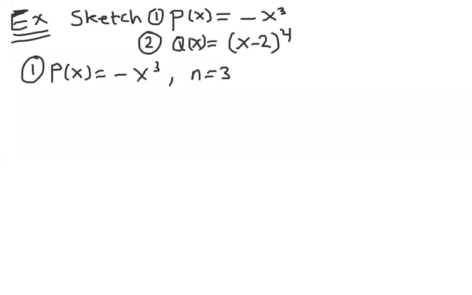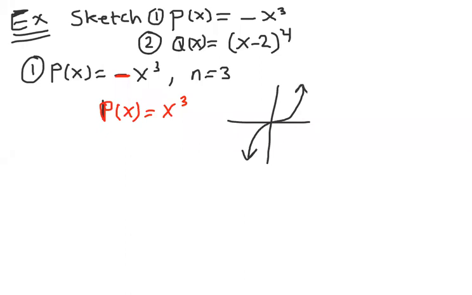I know the graph for b of x equals x to the 3, but here we have a minus outside. This minus means we have to reflect this polynomial around the x-axis. For example, b of x equals x to the 3 looks like that.